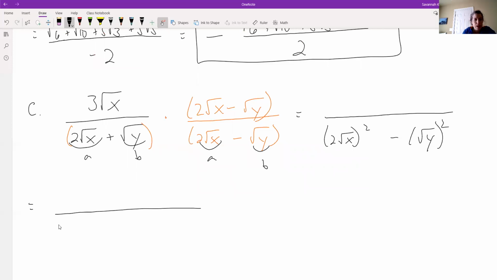Let's just carry this out all the way. So this is like 2 squared times square root of x squared, applying that little power all the way across, minus just y, is equal to 4x minus y. And that's as far as we can take it, no like terms.